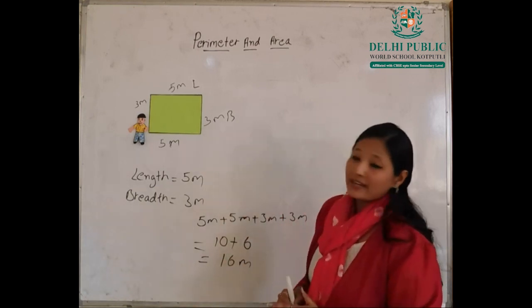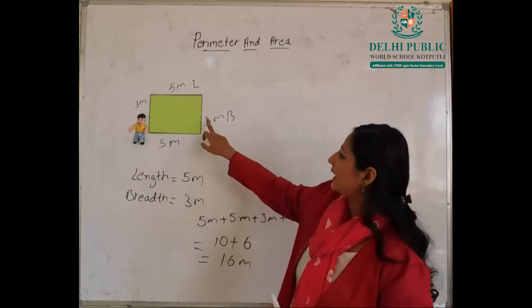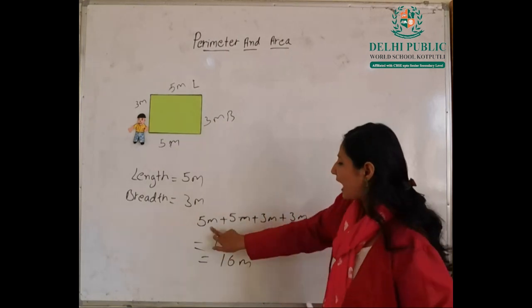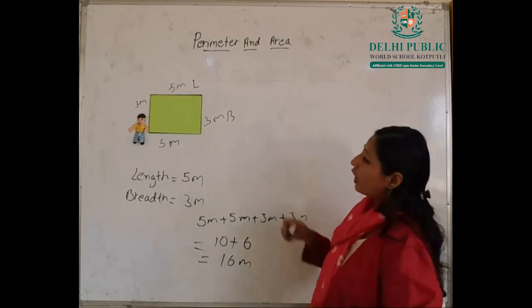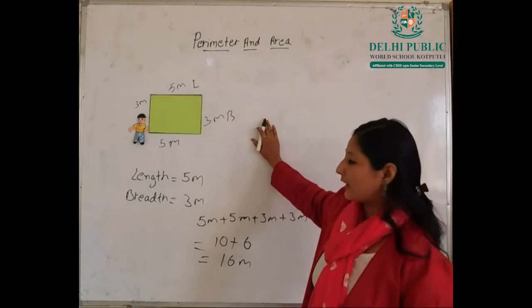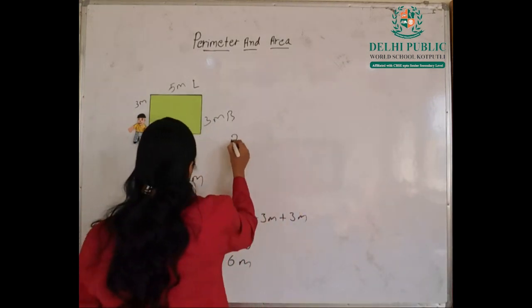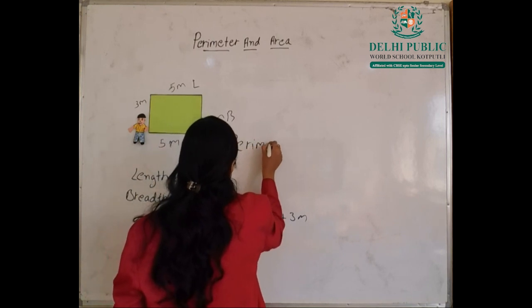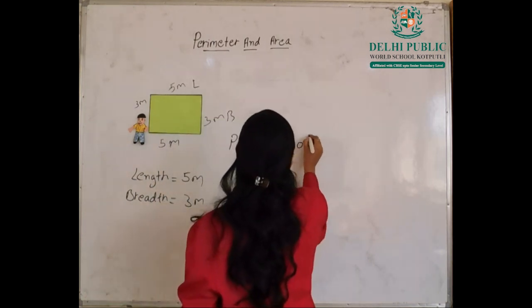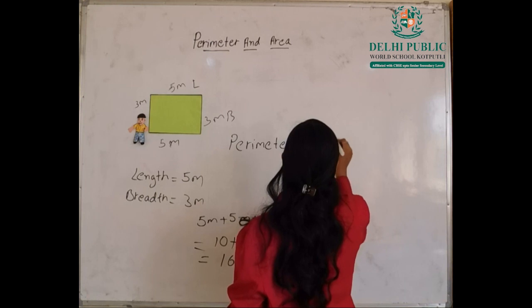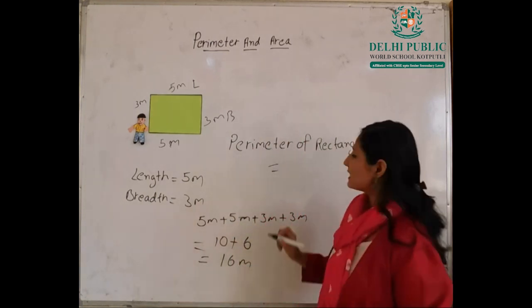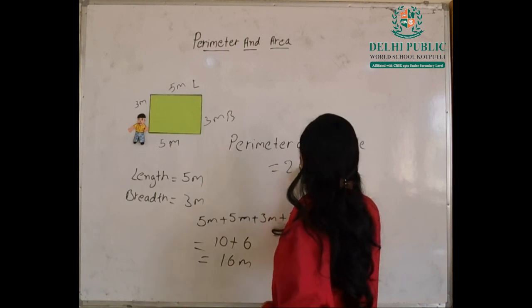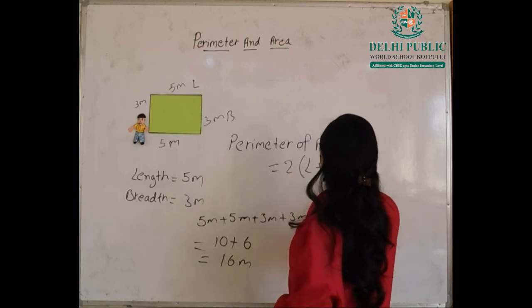So there is a formula also through which we can calculate the perimeter without adding or calculating so much. So the formula for the perimeter of a rectangle is: perimeter of rectangle is equal to 2 times (length plus breadth).